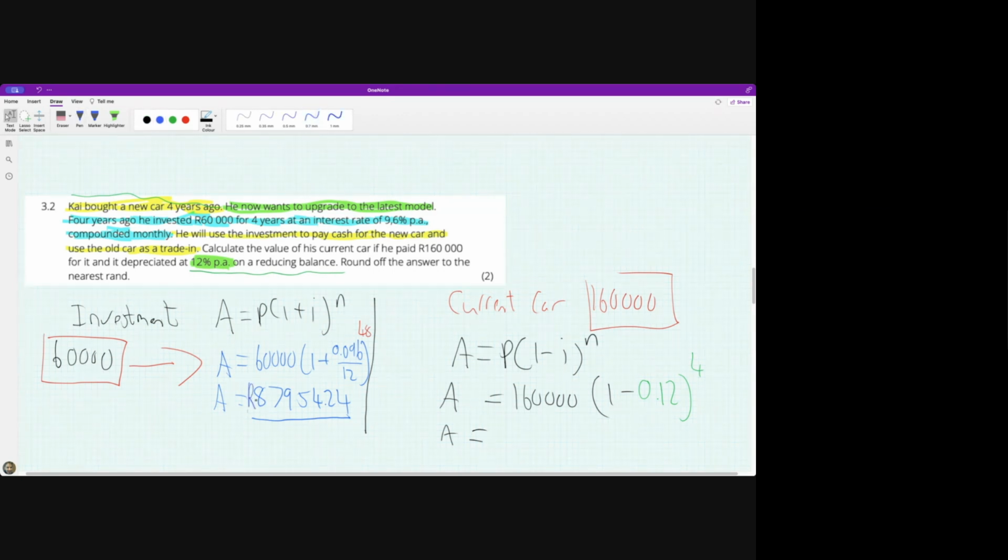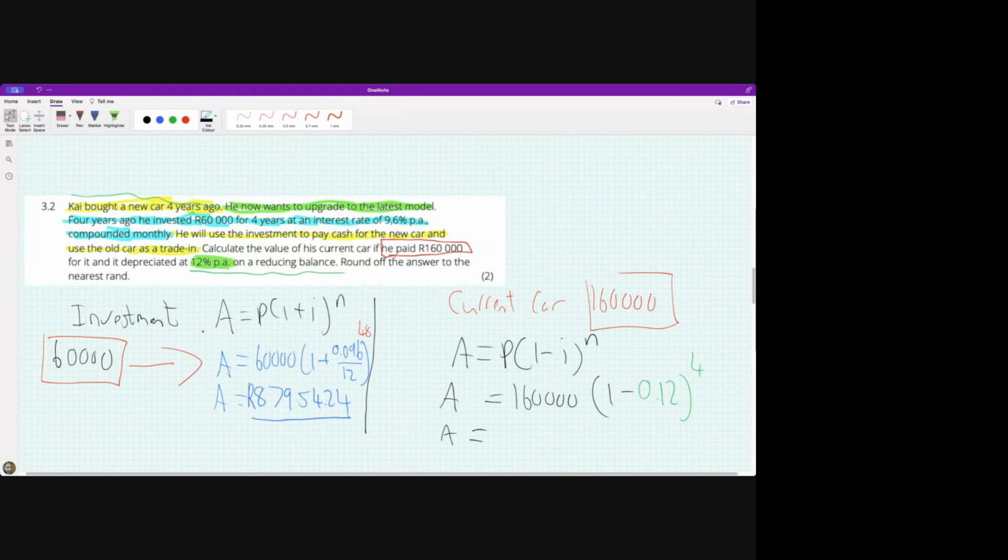How much is the old car worth today? So Buchler, we don't use 60,000 because in the question they said he paid 160,000 for the car when it was first bought.